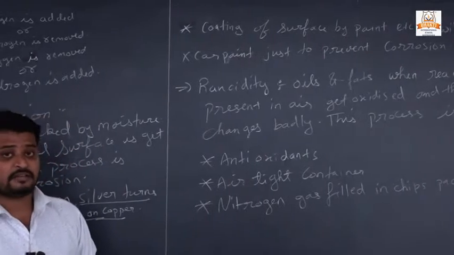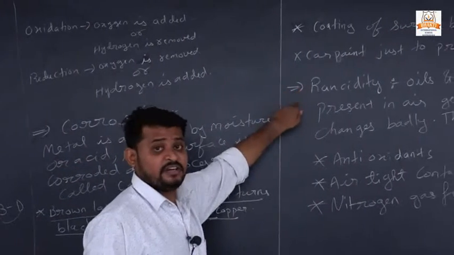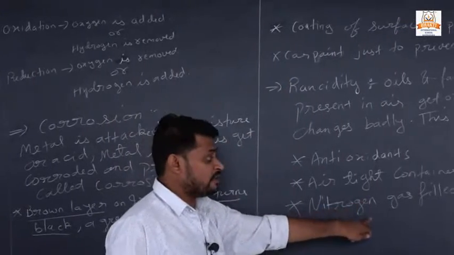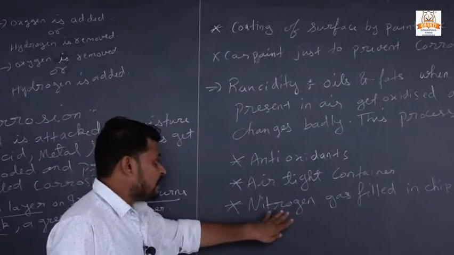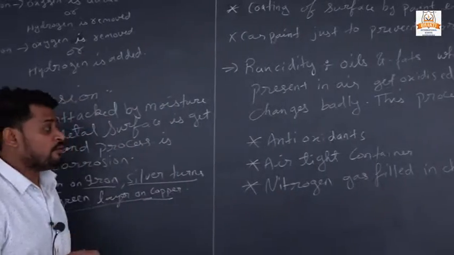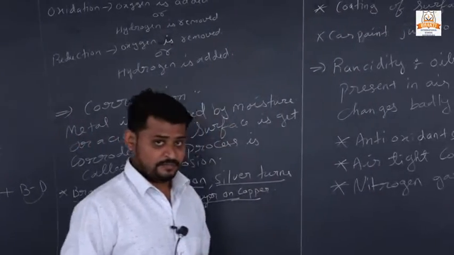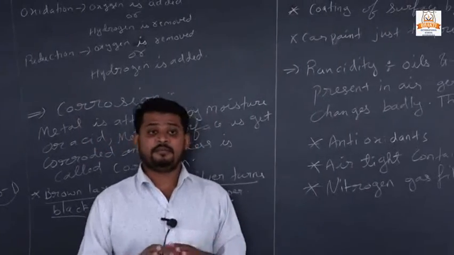Why is it filled with air? To prevent rancidity. And which gas do we fill in that potato chips packet? Nitrogen gas. Why? Nitrogen gas is a good antioxidant that prevents rancidity. So our whole chapter will be completed.